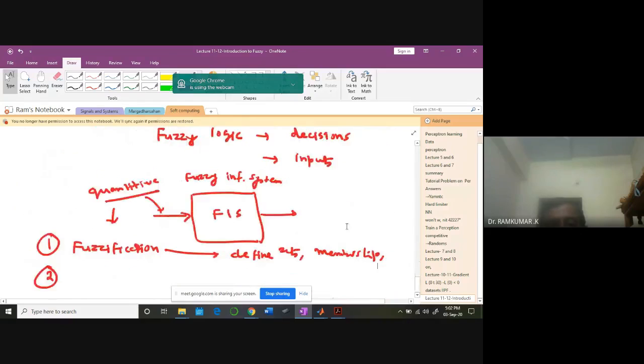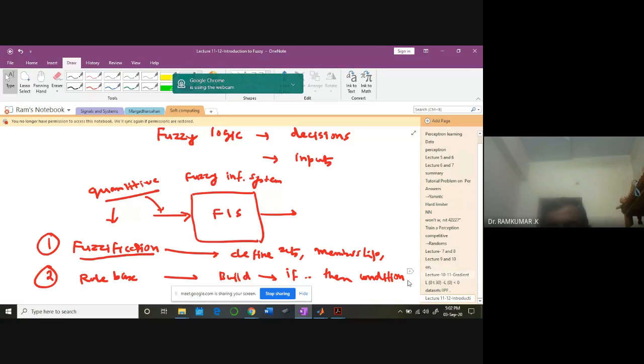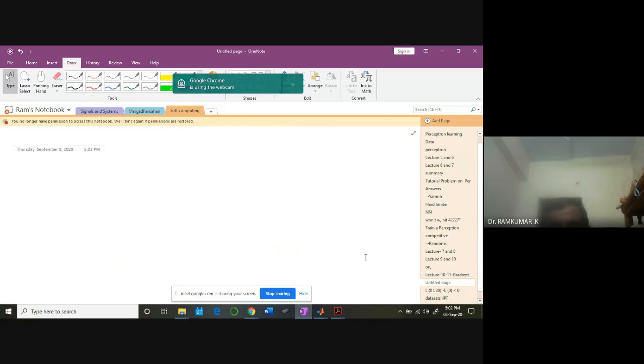Whatever you are seeing here now is a triangular membership. So you have to define membership like this. Then, having classified the data, you need to build the rule base, more like if-then conditions. And the third step, once having obtained the rules, you have to carefully work out with the rules.